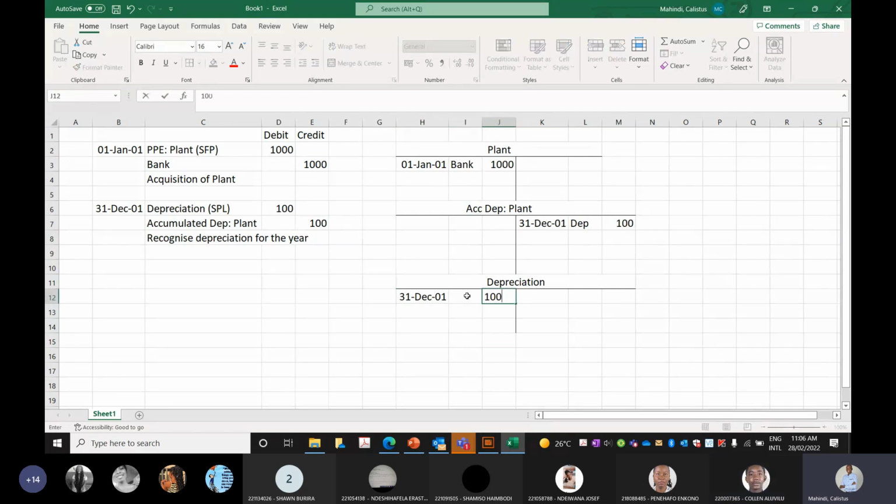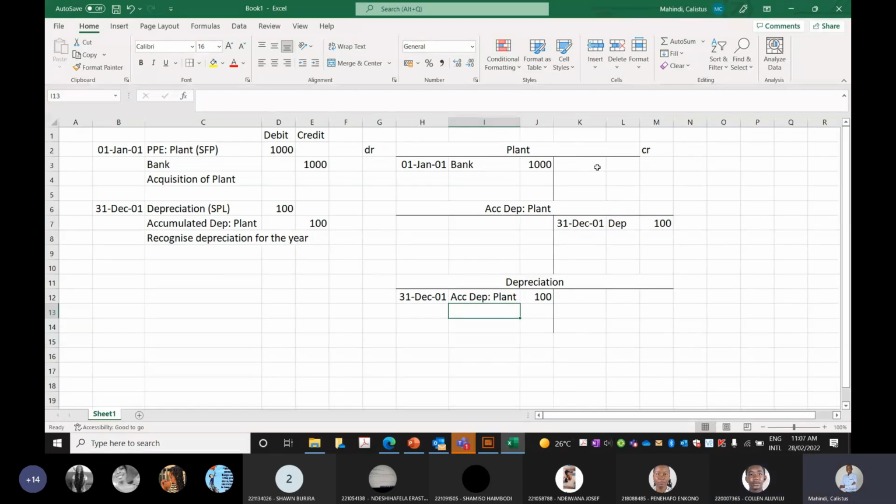This is the debit side, and that side is the credit side. We debited the depreciation with 100, and we credited the accumulated depreciation plant. That was the account that was credited.